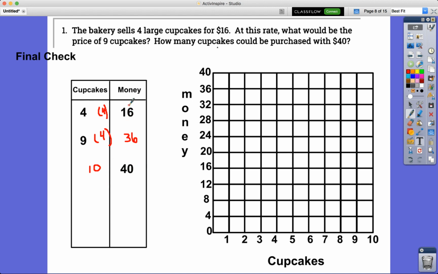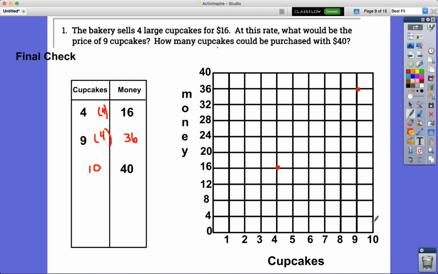So now I have my table, and now I can start graphing my information. When I have 4 cupcakes, I pay $16. When I have 9 cupcakes, I pay $36.